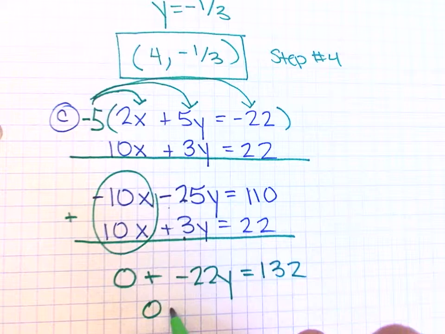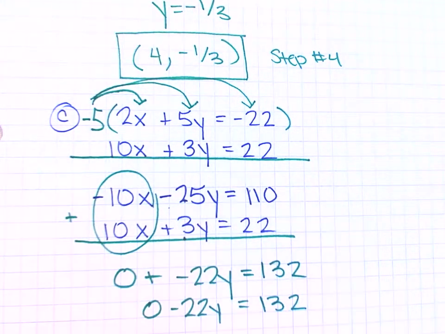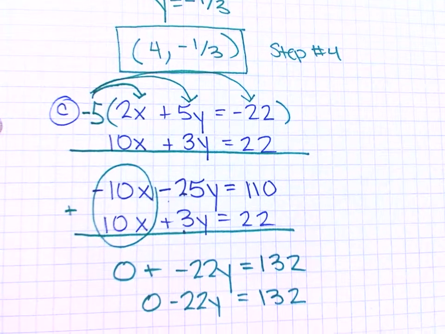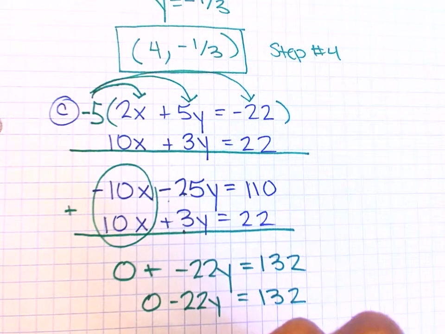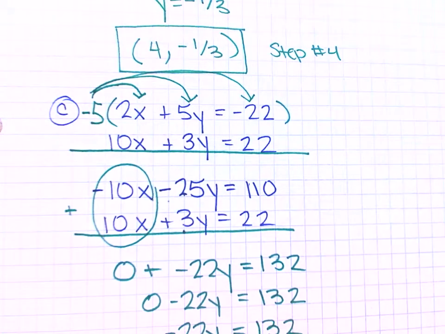So it ends up being 0 minus 22y equals 132. So I'm adding the equations together. When the x is gone, I have negative 22y equals 132.